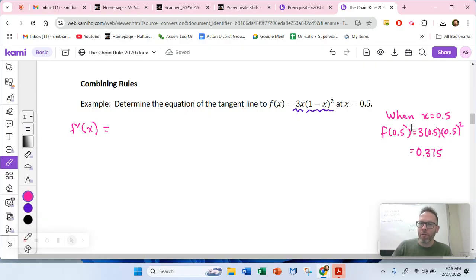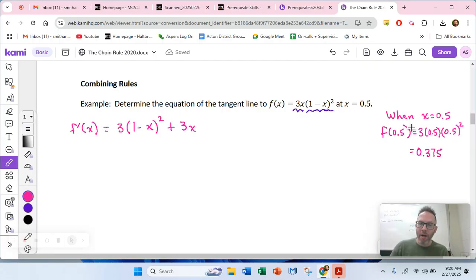We differentiate the first function, 3, and leave the second, 1 minus x squared, plus we leave the first function, 3x, and now let's use our chain rule, just the power of a function rule. We're taking the derivative of 1 minus x squared.